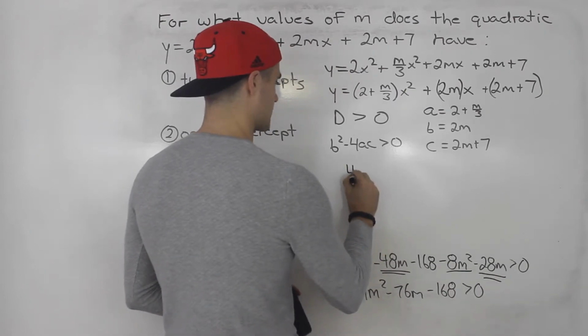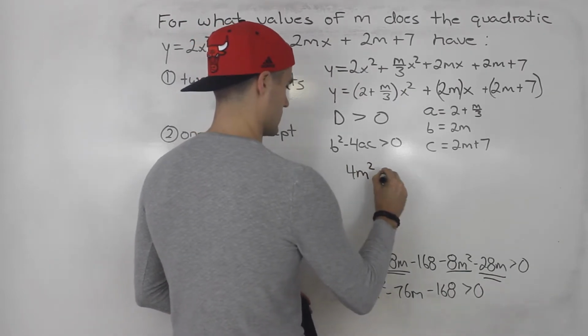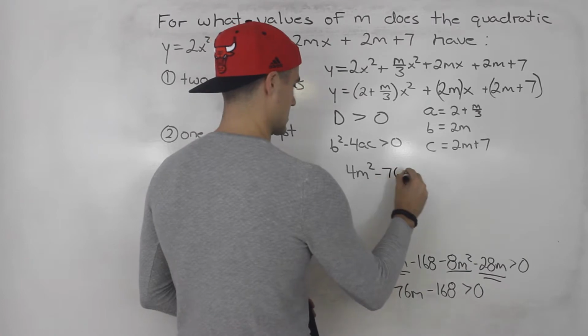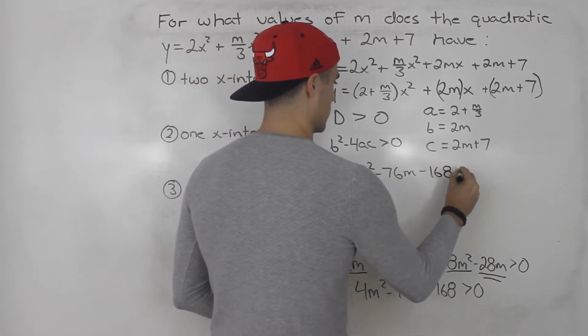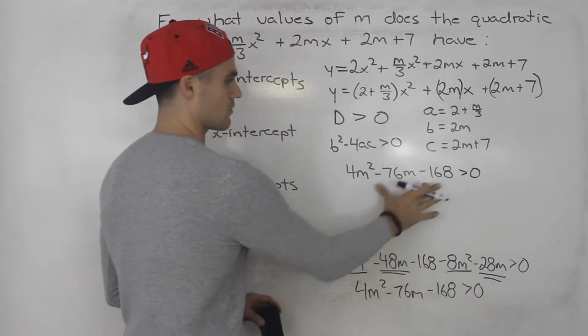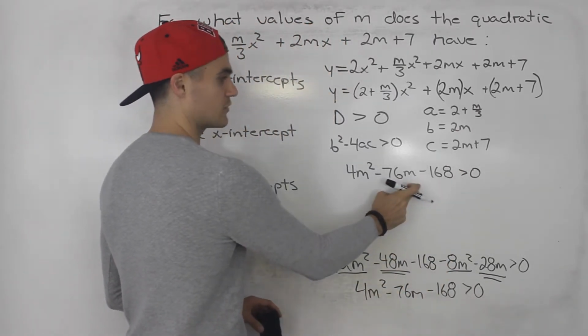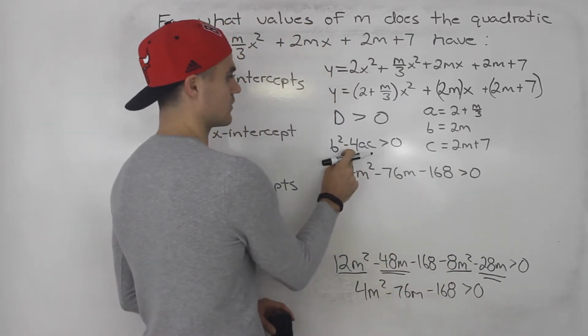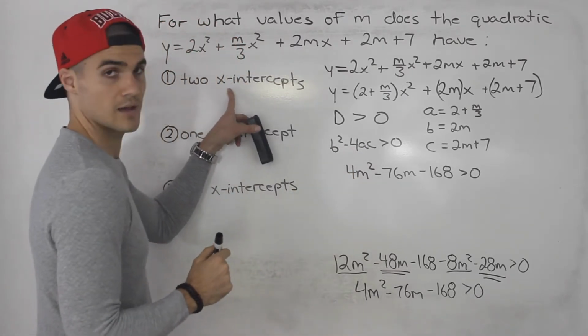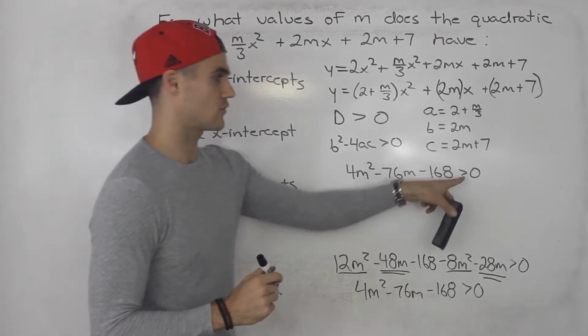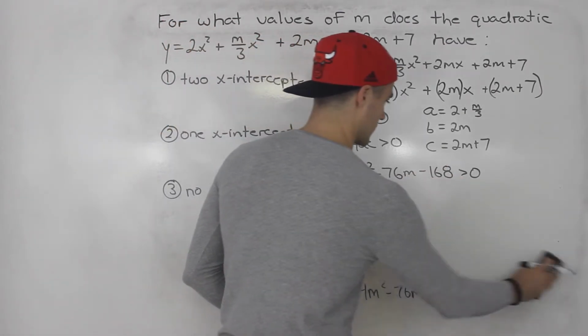So 4m squared minus 76m minus 168. When is it greater than 0? So this here is the simplified expression for the discriminant. And because we're solving for 2 x-intercepts in scenario 1, we have to solve when is it greater than 0.